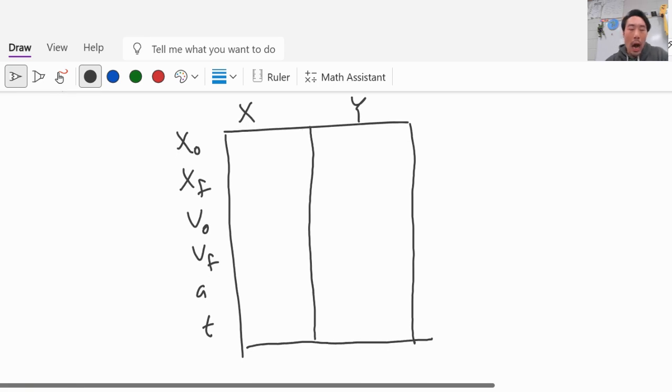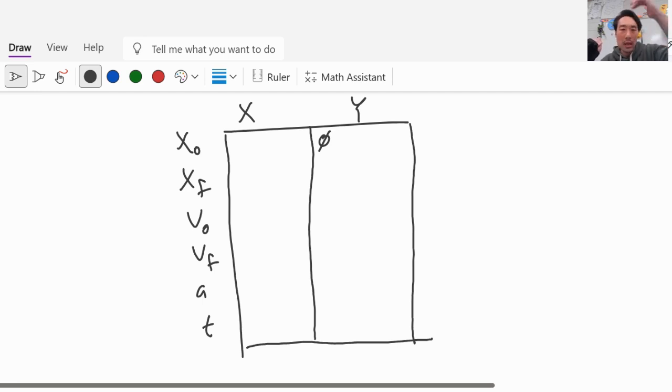Let's do the y-axis first. So if we are released from the ground or the floor, okay, our usual initial y position is going to be 0. Now, they will be tricky on the AP exam, and they won't always say you release the object from the ground or you don't shoot the object from the ground.